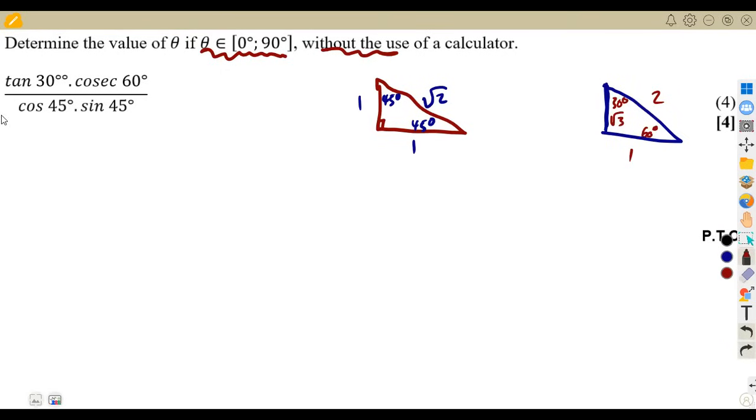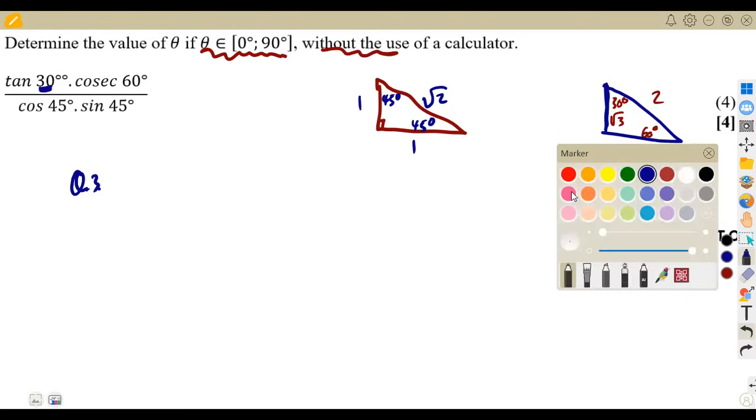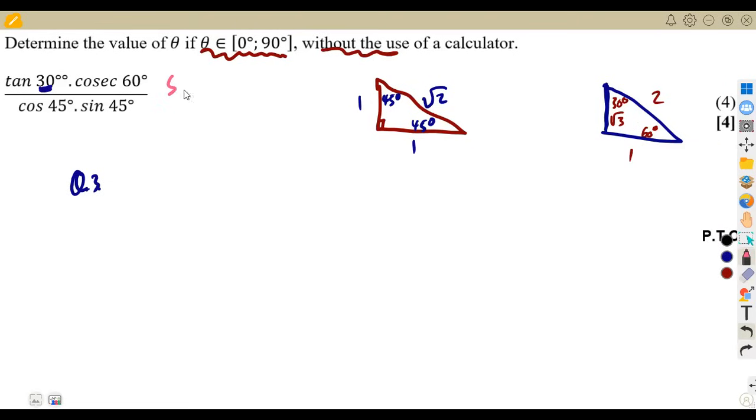So anyways, let us see what we have in this question, which is question 3. We are given tan 30 degrees. So remember, from our ratios, we've got SOHCAHTOA. Let us just write it here, SOHCAHTOA, sorry for that. So from that part, we know that the tan is opposite over the adjacent.